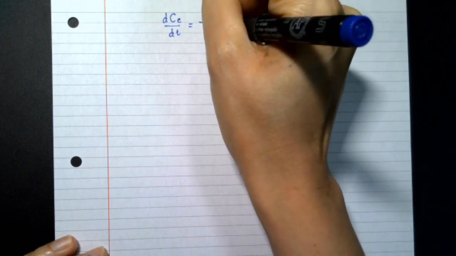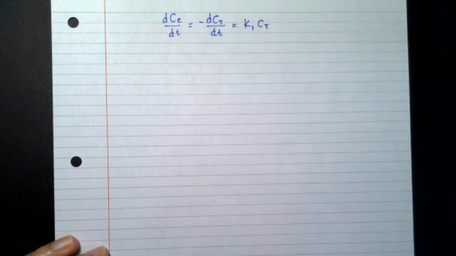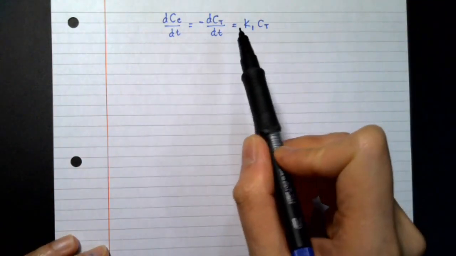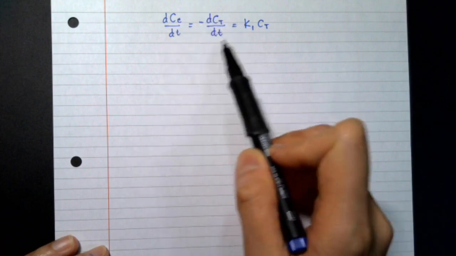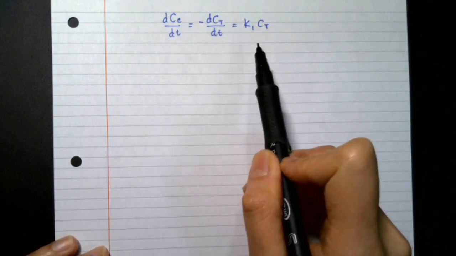We can write the rate of change in the concentration of the coke is equal to the negative of the rate of change in the concentration of the total sites. And this is equal to some constant K1 times Ct. Again here, the catalyst deactivation does not depend on the concentrations of the reacting species.